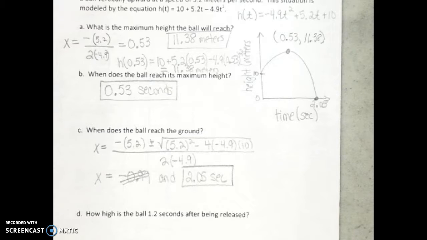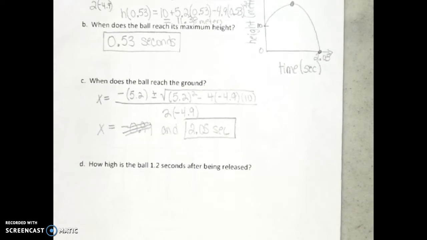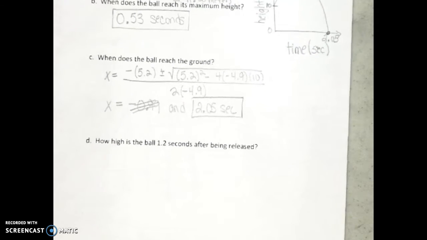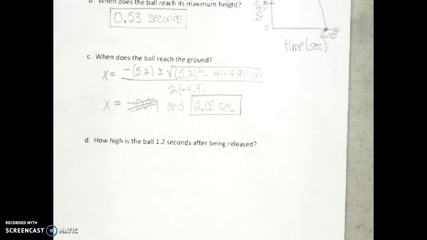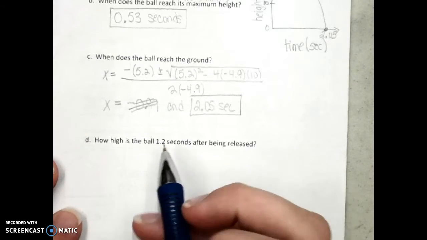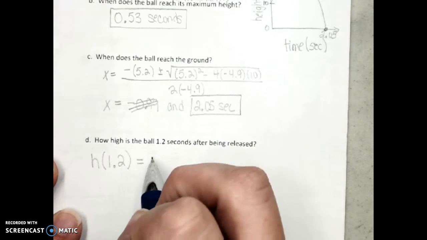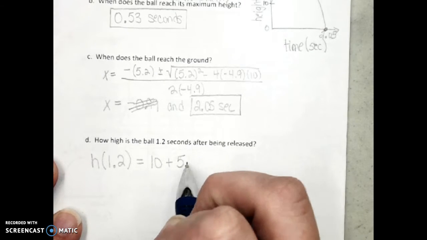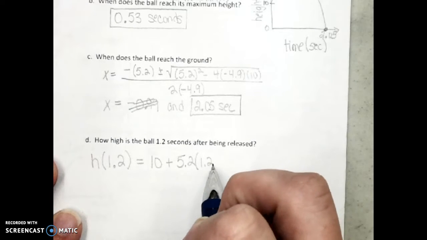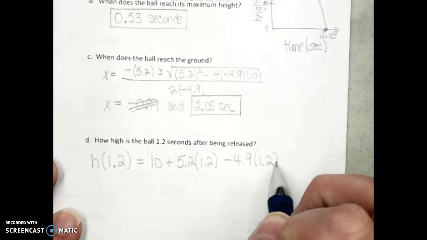Now part D asks you, how high is the ball at 1.2 seconds after being released? Your function tells you the height of a ball with respect to time. This is a time. That's t. Plug it in for t in the original. H of 1.2 equals 10 plus 5.2 times 1.2, minus 4.9 times 1.2 squared.